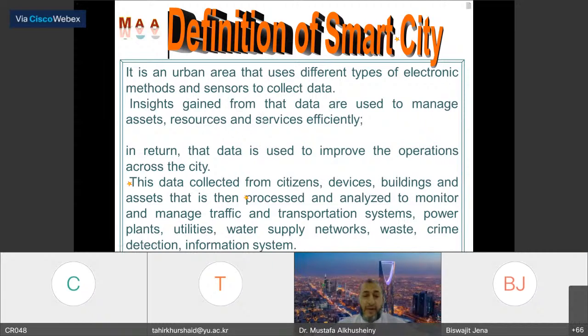This data, collected from citizens, devices, buildings, and assets, is then processed and analyzed to monitor and manage traffic and transportation systems, power plants, utilities, water supply networks, waste, crime detection and information systems, and so on.